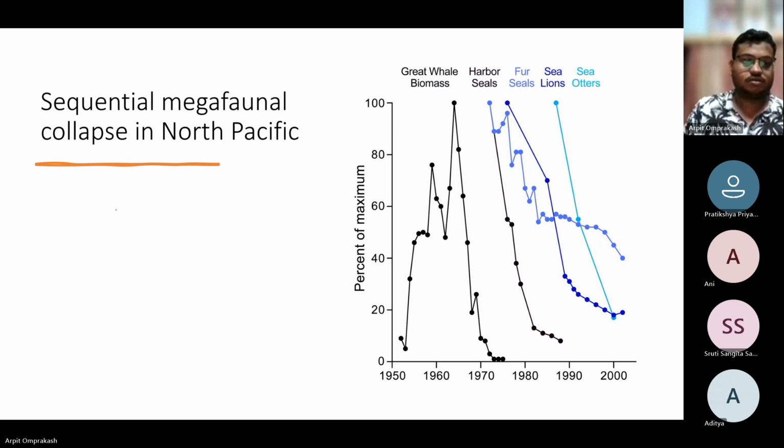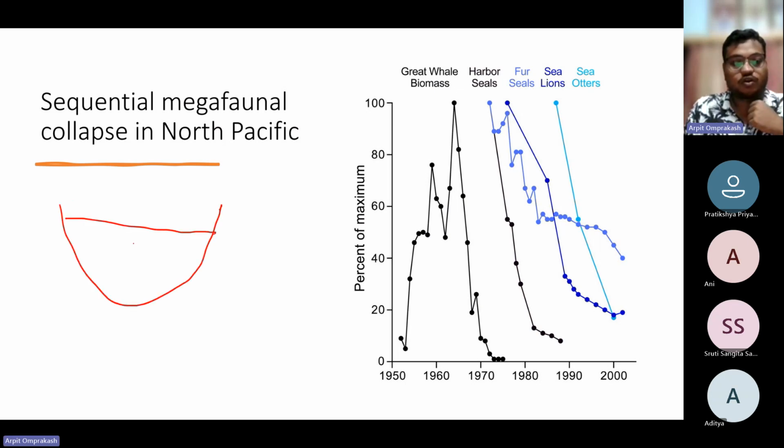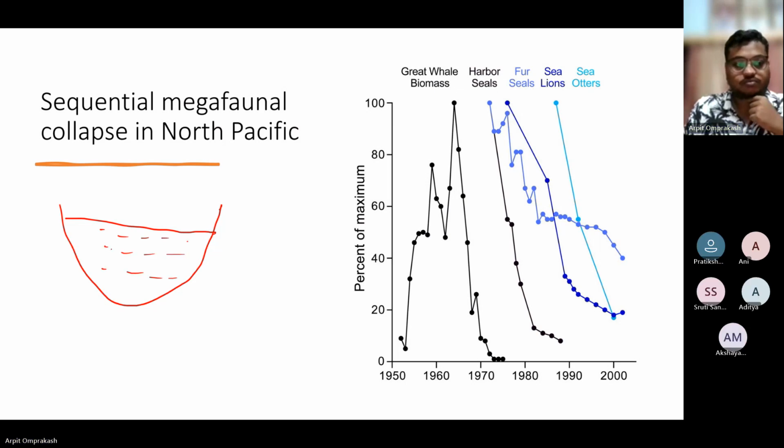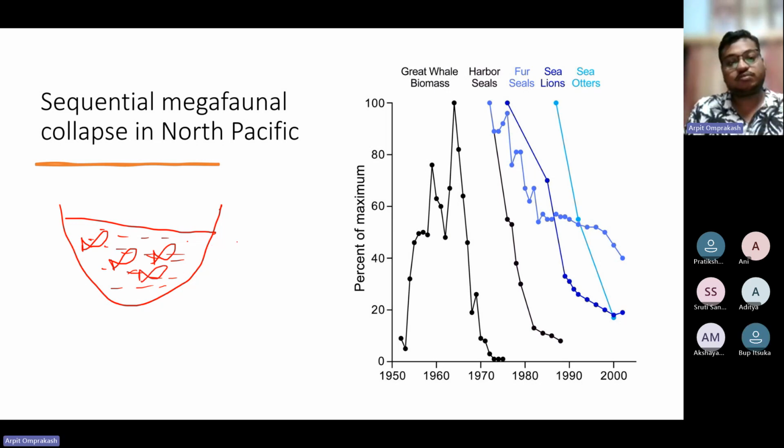Before we move on to the graph, let's say you have a pond where you have a lot of fishes, and you are harvesting these fish, catching them for food or for other purposes. Let's say every month or every year, these fishermen go and catch 1,000 fish. So what happens eventually?